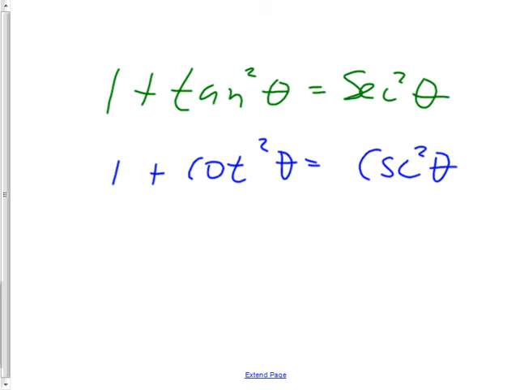And one more that we asked you to memorize is sine of 2 theta. So if you ever run across sine of 2 theta, you can replace it. This is not one of the ones we're going to give you, so you have to have it memorized. You can replace it with 2 sine theta cosine theta.